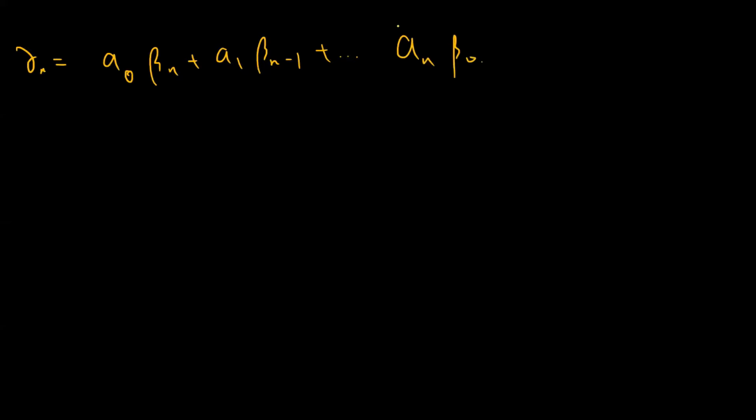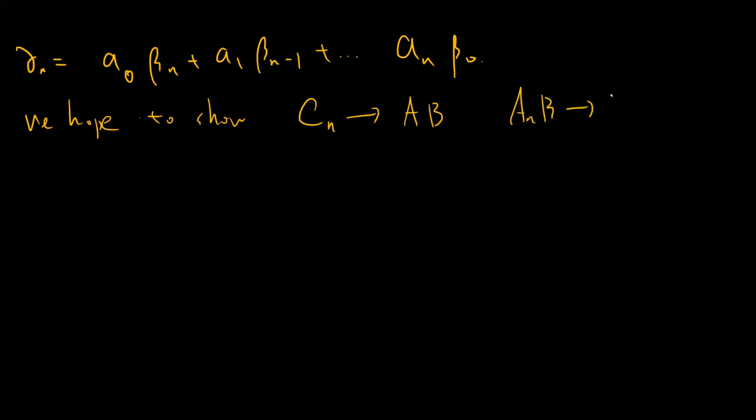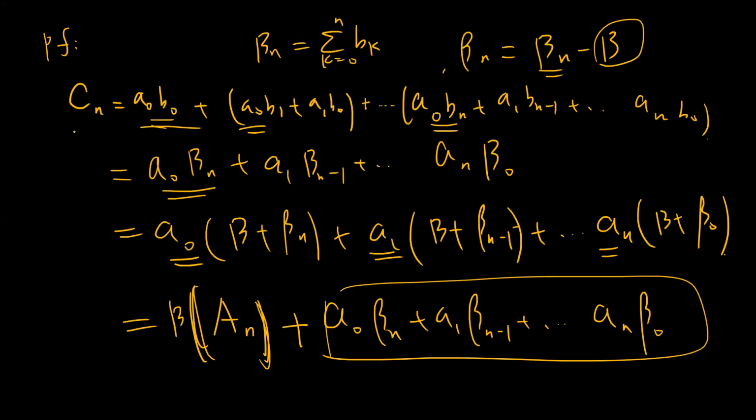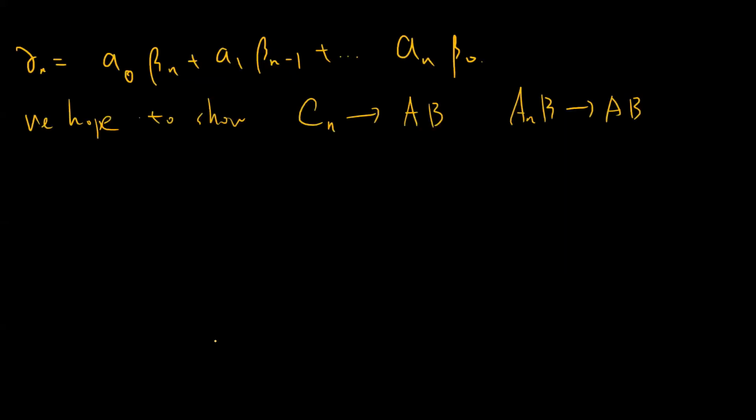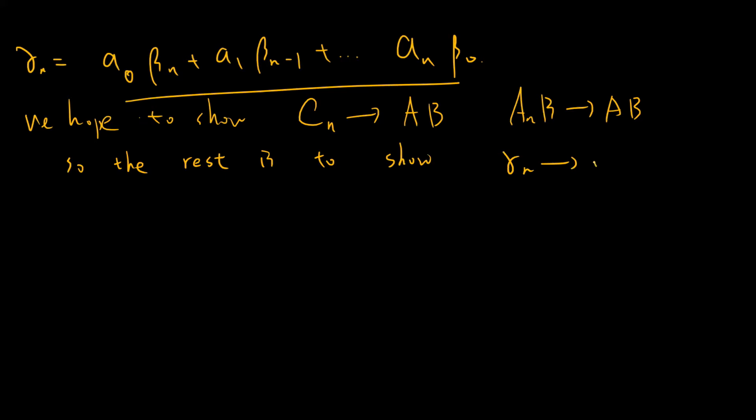Okay, so we hope to show this large Cn converges to AB, right? And we know that An times B converges to AB by our definition. So if we take n to infinity, this is already B times A. So the rest is to show that gamma n goes to 0.